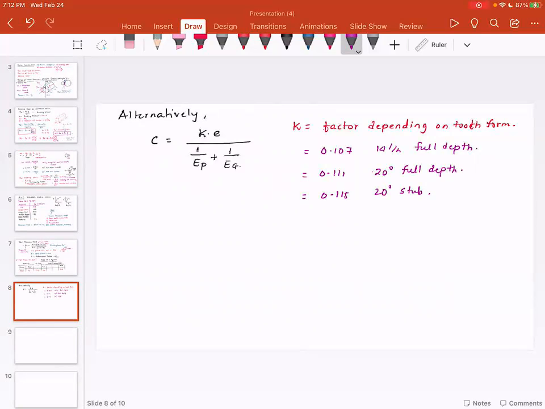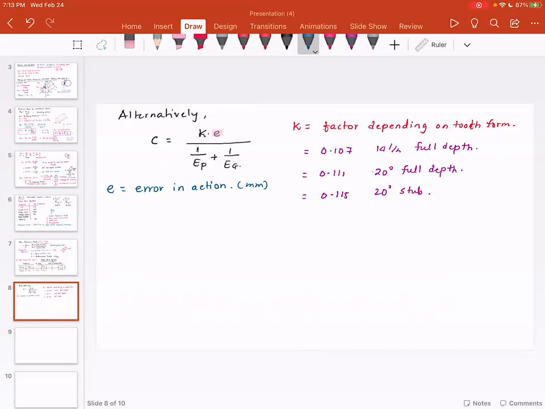And again, E is the error in action. So here you can specify what would be the error in action on the cutter, what the tolerances on the cutter are, and then you can find out the value of C. Again, it's totally up to you.